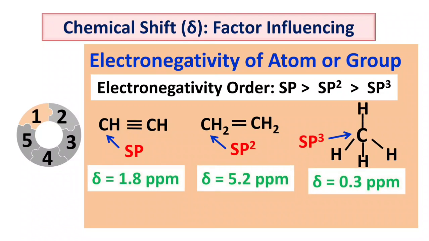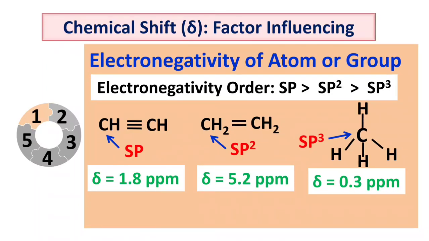So if you now check very clearly, the delta value for ethene proton is 5.2 ppm, which is actually higher than the delta value for acetylene. The proton in acetylene has a delta value of 1.8, and in methane the delta value is 0.3. So if you are comparing alkyne, alkene and alkane, please remember these values.